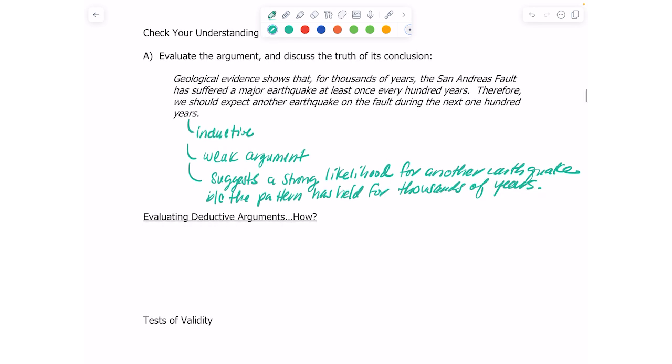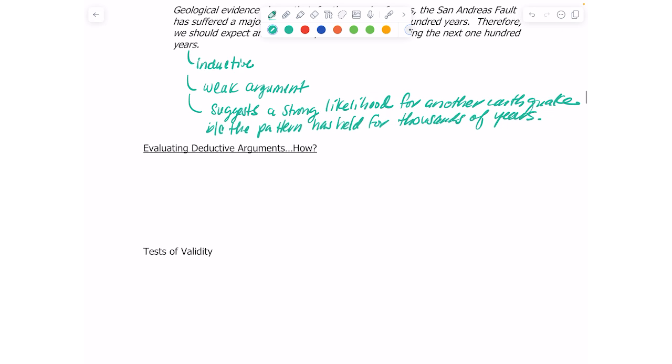Okay. Let's look a little bit more at deductive arguments. So how do we evaluate deductive arguments? Basically, we're going to look at two criteria. The first is the argument is valid if the conclusion follows from its premises.